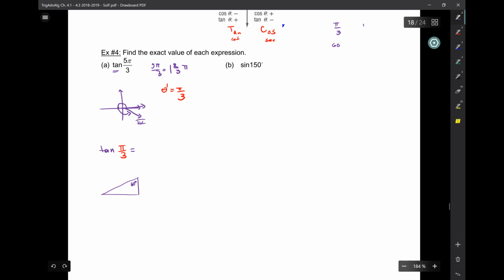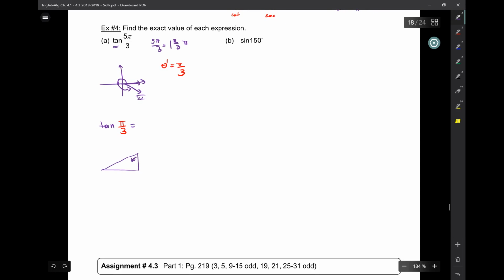Or if you want to convert it, that's 60 degrees, pi over 3. Okay? So now look. Here is 60 degrees, 30 degrees. Do you remember how to set up the sides here? Remember we said the 30-degree always gets a 1, and the 60 gets root 3, and a 2. So what would the tangent of the 60-degree be here? It's opposite over adjacent, root 3 over 1.